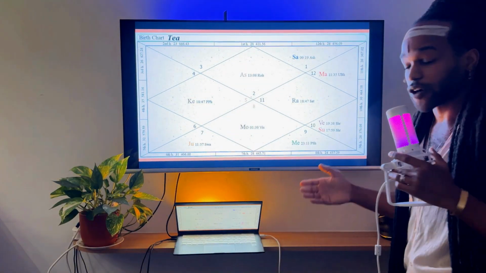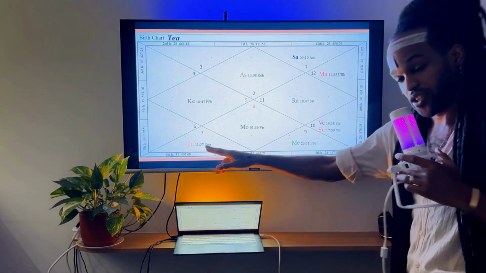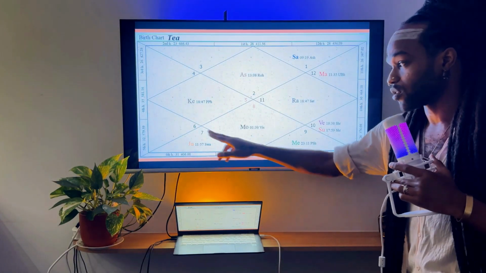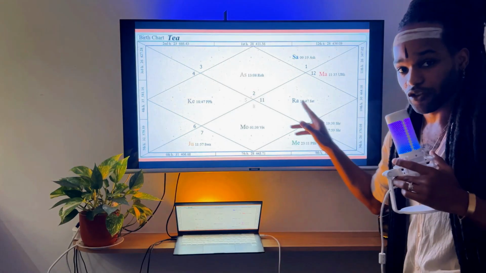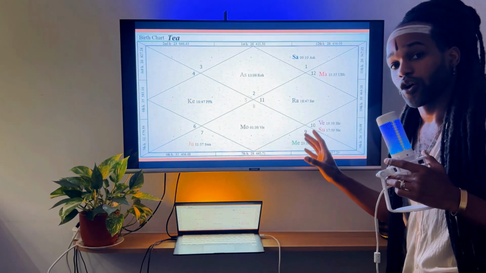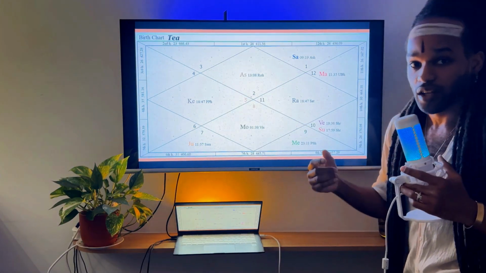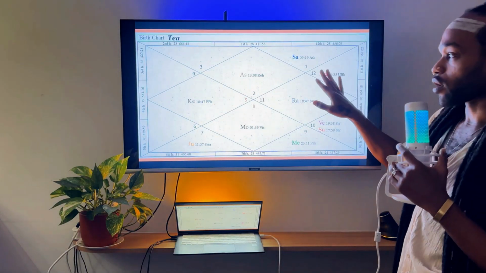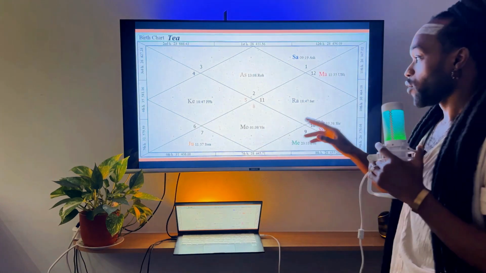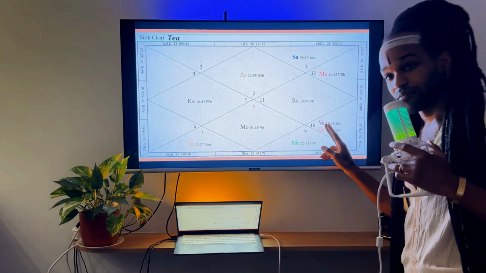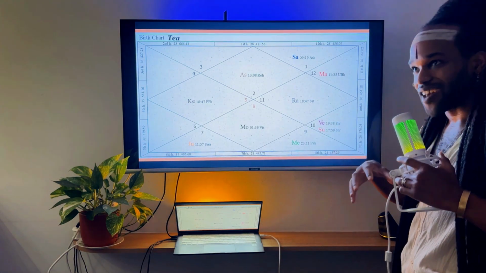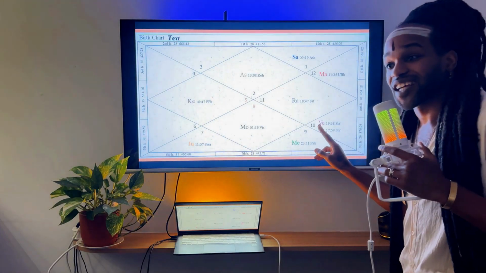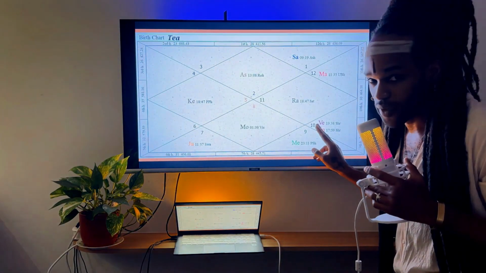Now, for a woman's chart, their husband is going to be Jupiter. Okay, so we would look specifically at Jupiter and other placements in order to know what kind of person not only you want, but that you can marry. And then for a male's chart, we will be looking at their Venus, because even though Venus is not a woman, Venus is a significator of women.